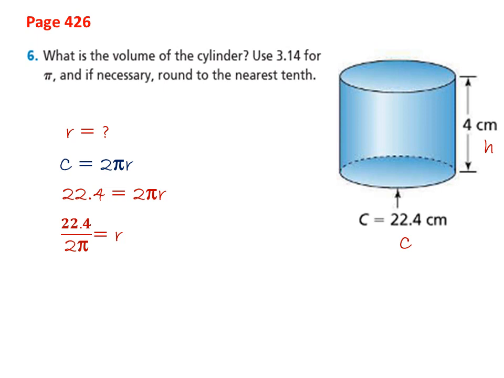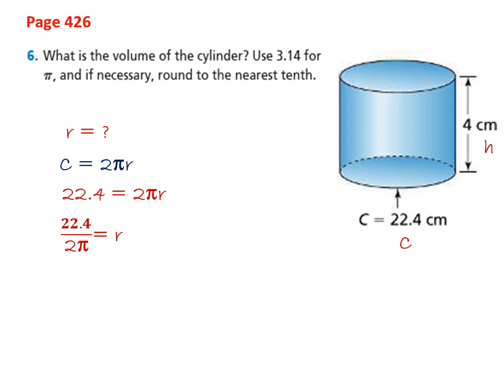So, r will be 22.4 divided by 2 pi. Please don't use 3.14 now because we will round in the last step. So, r equals 22.4 over 2 pi. You can put it in this form.